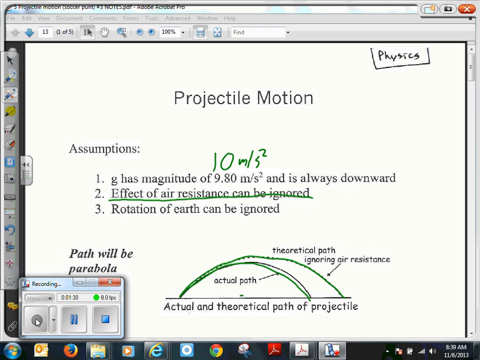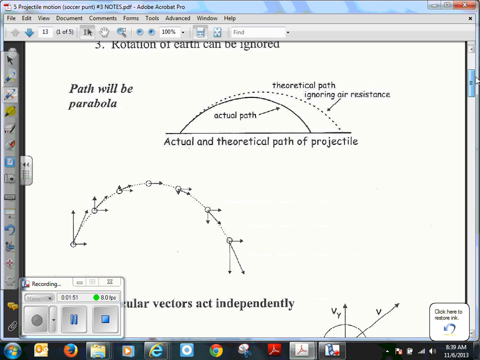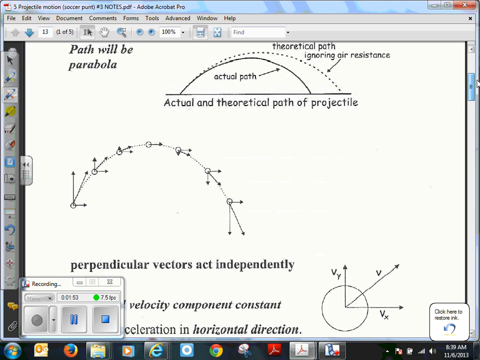Notice it doesn't go as high because air resistance keeps it from going that high, and it doesn't go as far because air resistance is always opposing motion. Rotation of the Earth can be ignored. That's a pretty easy one to ignore, isn't it? We never feel the Earth rotating.